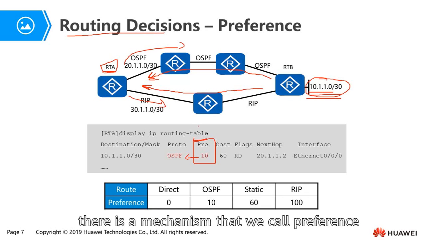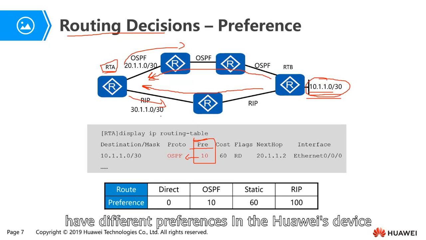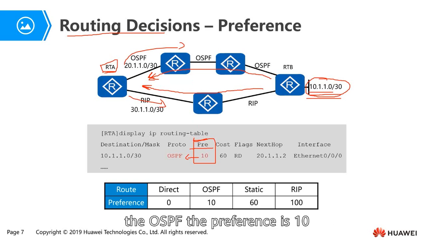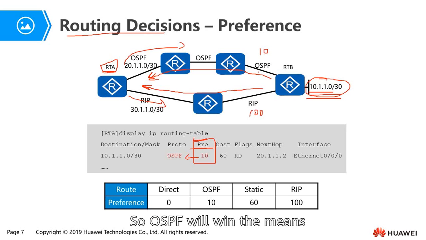Then there's a mechanism we call preference. Different protocols have different preferences. In Huawei's devices, the OSPF preference is 10 and the loop has a preference of 100, and the smaller one wins. So OSPF wins.